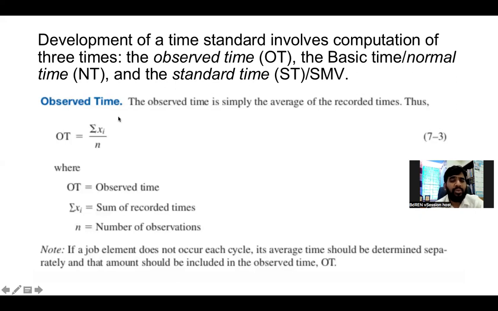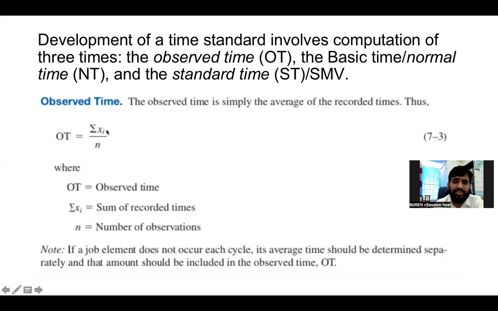So come to the calculation of observed time. Observed time is just the average. From our previous lecture, you know how many times you will take the observation. Say for example, 50 times. You will divide the sum of the 50 times by n. Say for example, first time 5 minutes, second time 6 minutes, third time 7 minutes, fourth time 4 minutes.